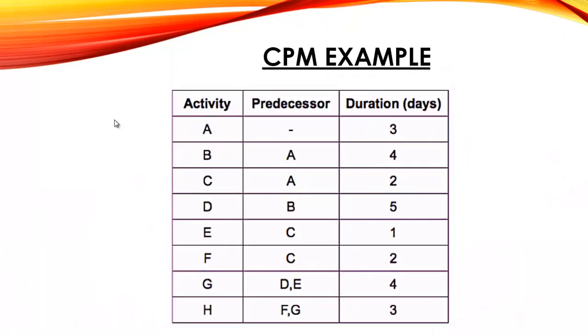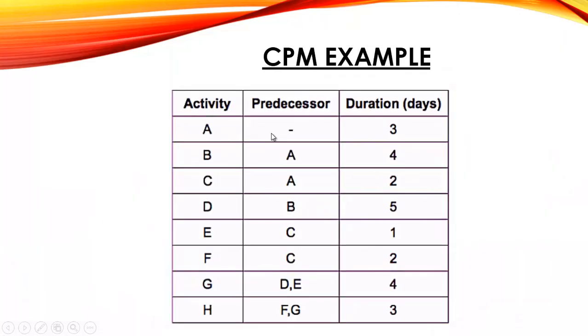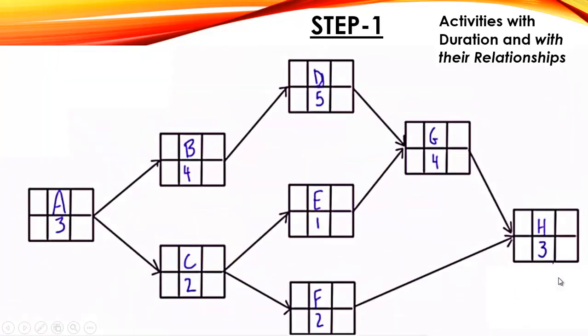For example, before starting activity B there is activity A. Similarly, before starting activity C there is activity A. So after the completion of activity A comes activity B, similarly activity C, and the activity network diagram is arranged according to the predecessor relationships. So all the relationships are built.